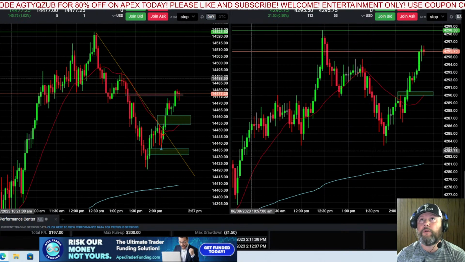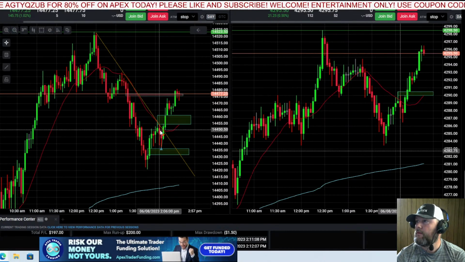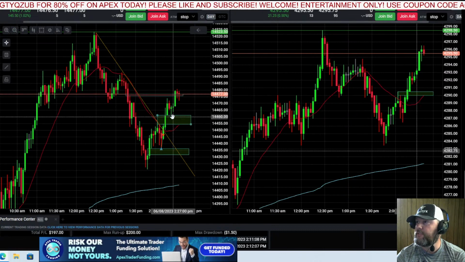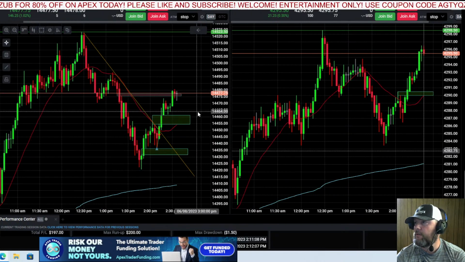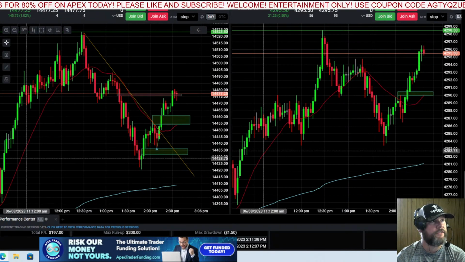Let's try to be a little more patient and take the actual setups. This almost traded into this gap, so close. It did trade into the 2-minute gap, and I could have taken that.